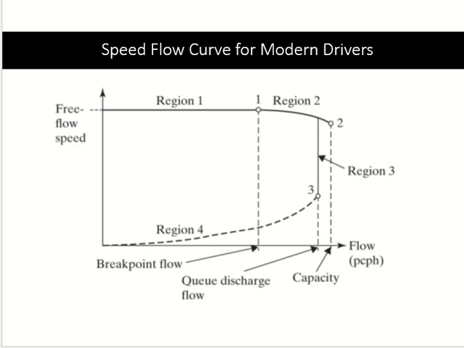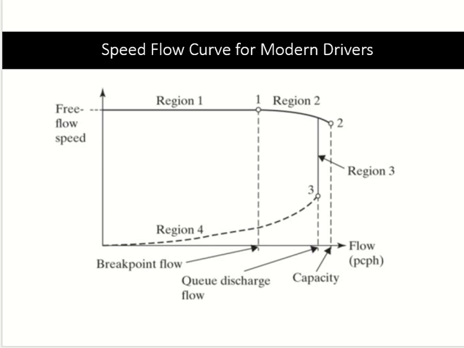Region 3. When the capacity has just been breached, you have just gone beyond capacity, the traffic jam has just started, but the drivers are coming at very high speed and they are joining the queue. So when they join the queue, they go from very high to very low.